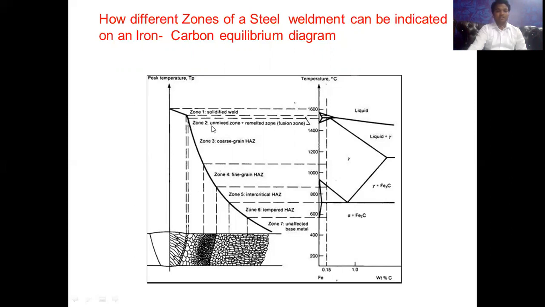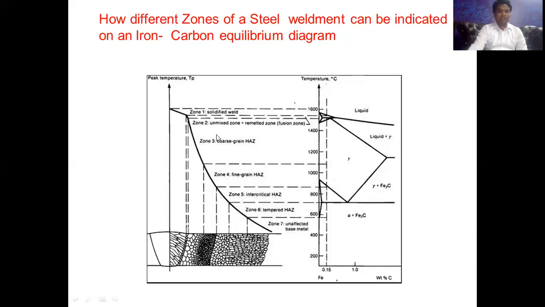Next to zone 1, we have zone 2. This is called the unmixed zone plus remelted zone. This is called the fusion zone. Here, next to the solidified weld, we have the fusion zone, where we have unmixed metal along with the remelted metal.